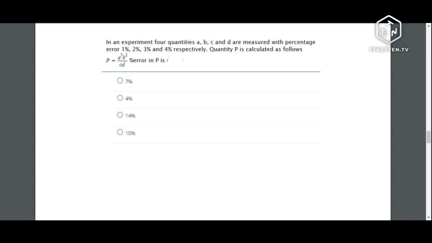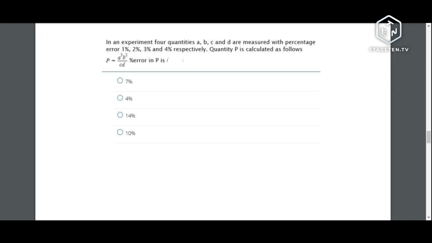On the right hand side, this will be 3 times del A over A plus 2 times del B over B plus del C over C plus del D over D. Why plus? Because whenever we need to find the error, it is actually maximized always. So always remember that they should be in the positive sign. And similarly, you need to multiply with 100 on the right hand side.